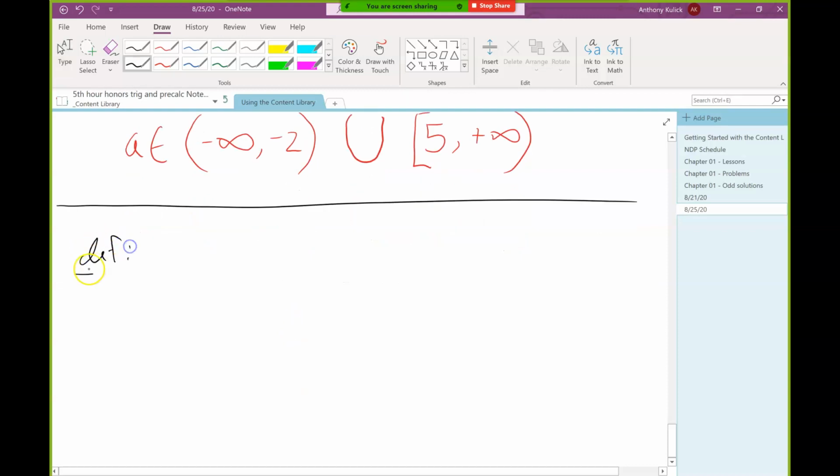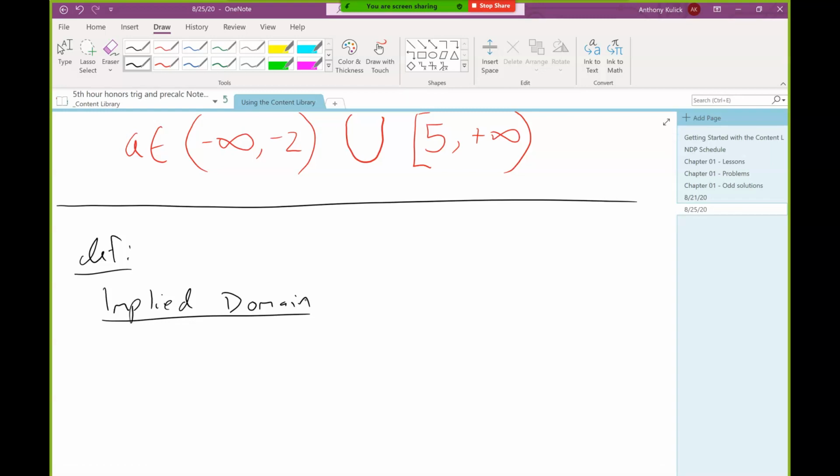So we're going to talk now about domains and ranges. One thing that seems tricky but is not is the idea of an implied domain versus a relevant domain.